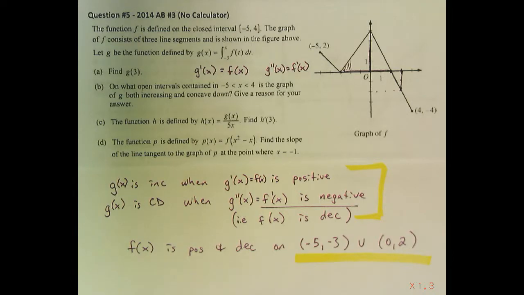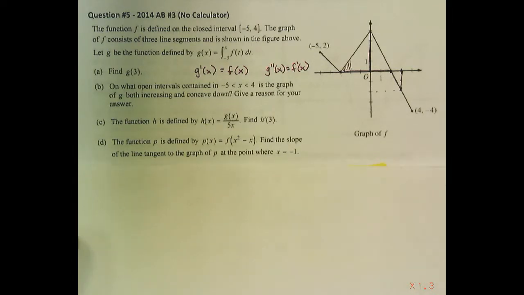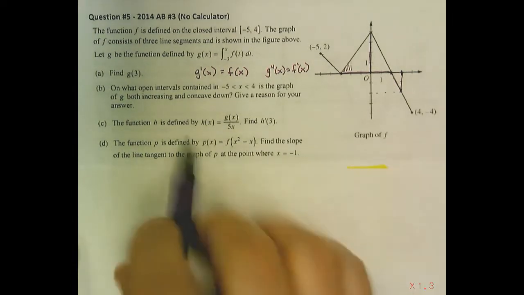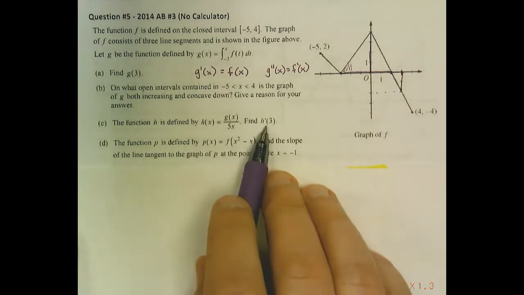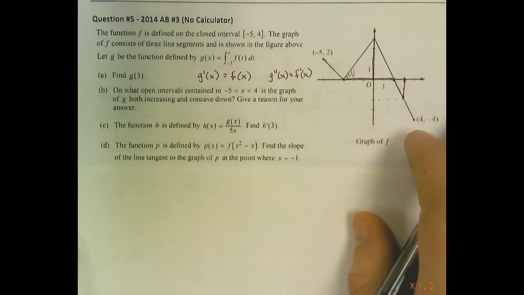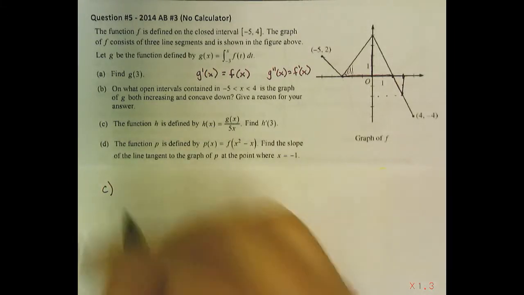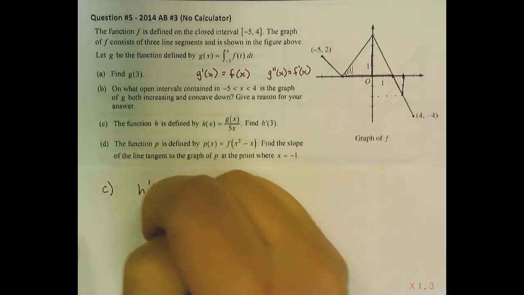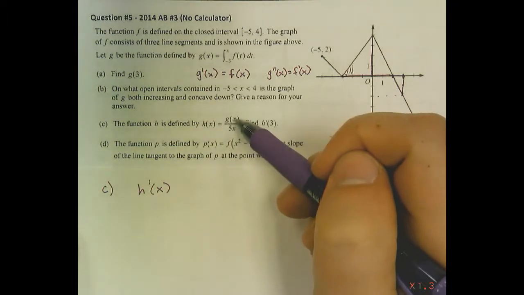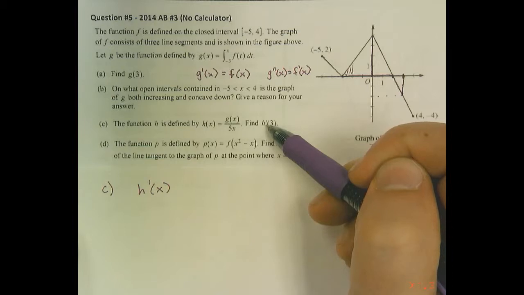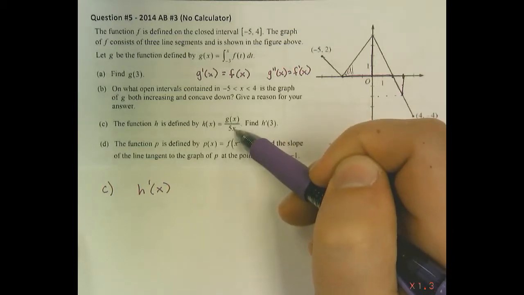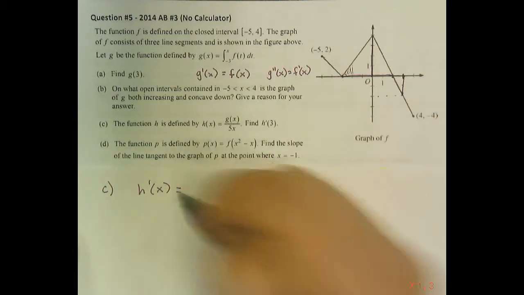Moving on to part C. Part C appears to be introducing another function, h of x, and they want us to find h prime of 3. So this is just assessing some derivative rules. And what we have here is a quotient. So if we want to evaluate a derivative of a quotient, we should use the quotient rule.